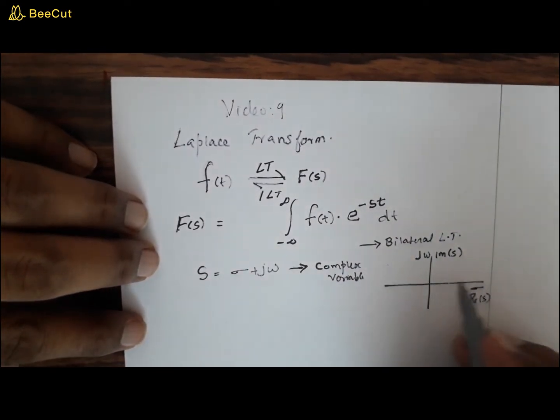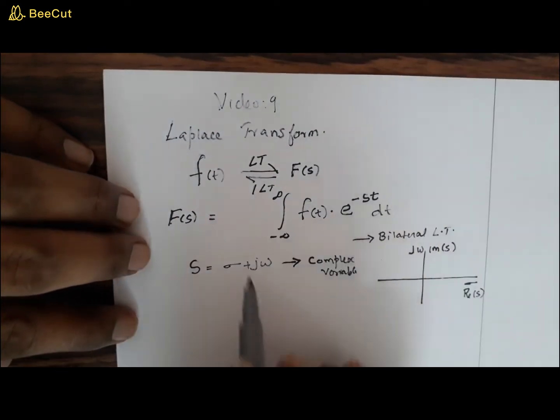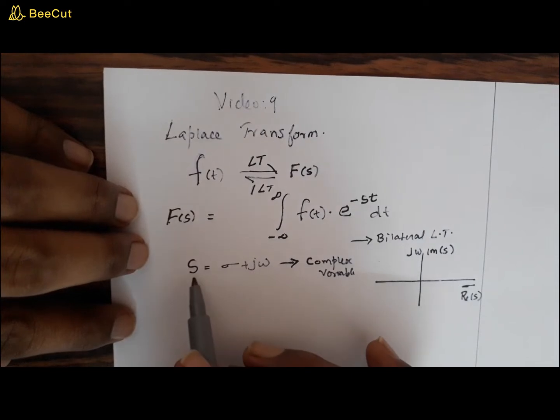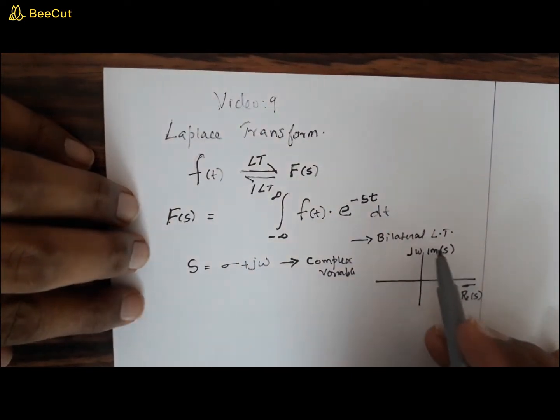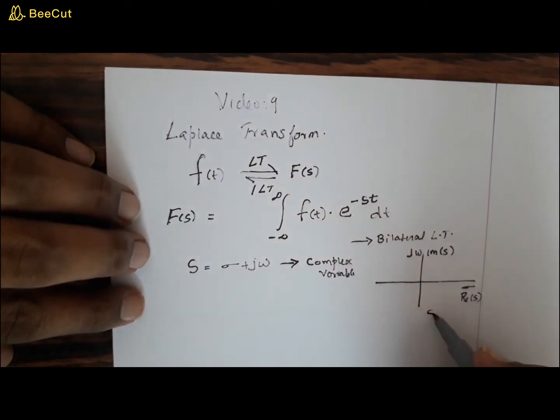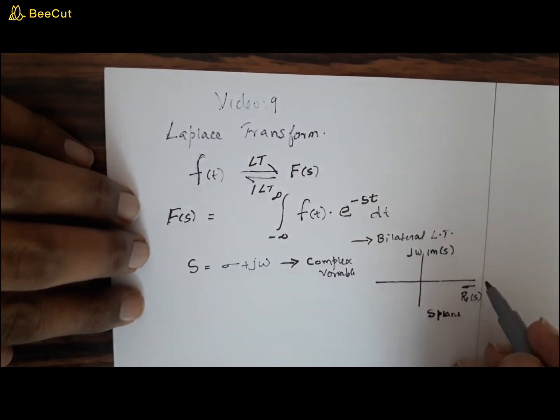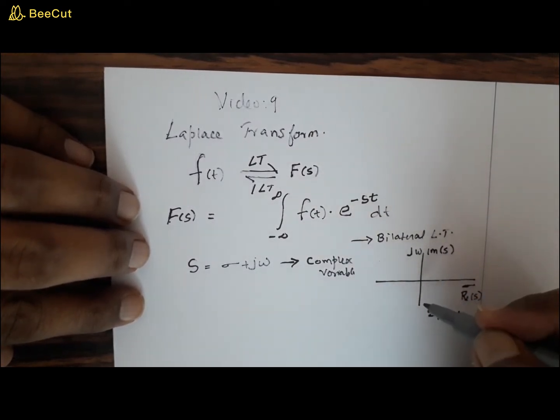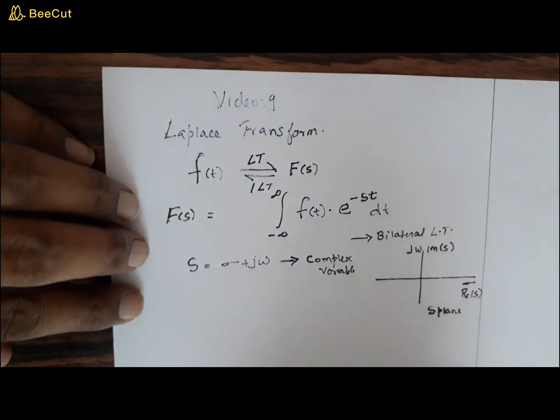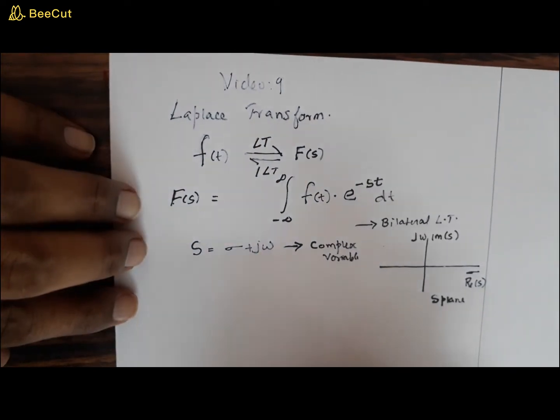So you have two axes, sigma axis and j omega axis. If you are to plot any point of s, you need to plot it in this s plane, consisting of a real axis sigma and imaginary axis j omega. So this is a complex variable.